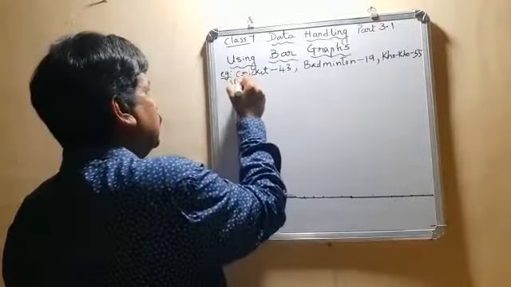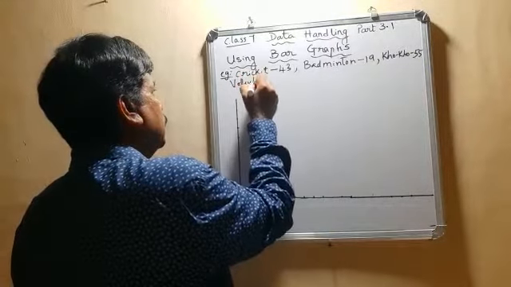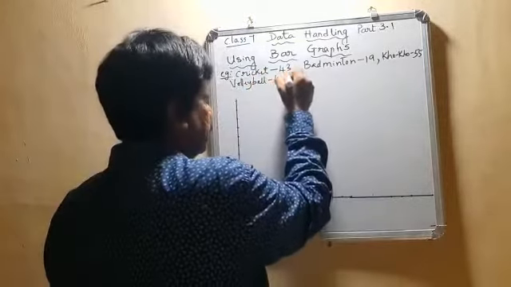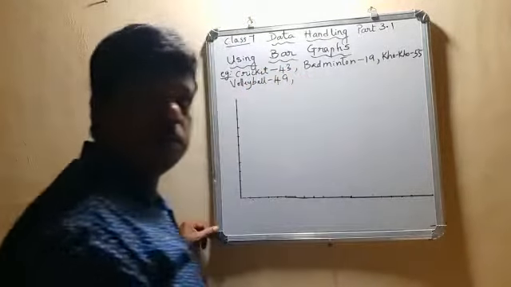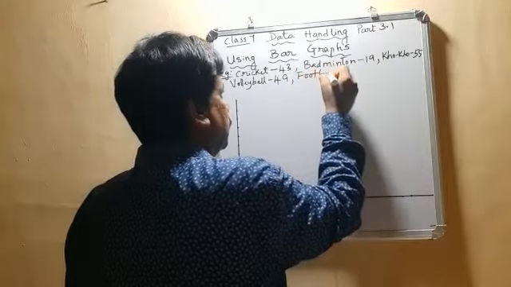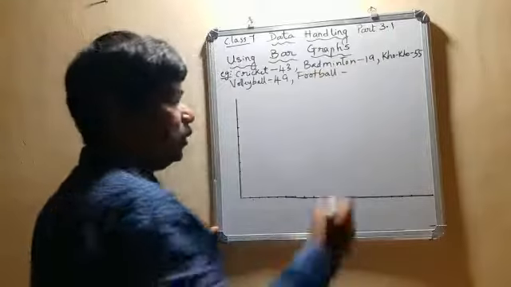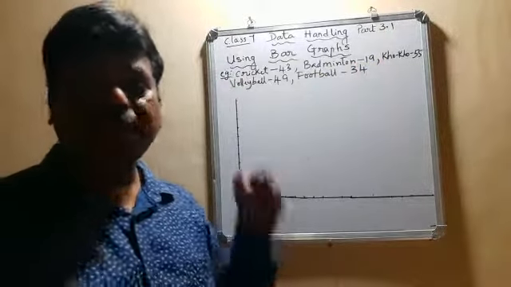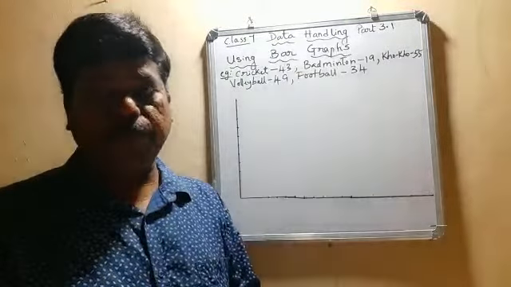Volleyball by 49 students and football by 34 students. Now I want to represent this data in the form of a bar graph.